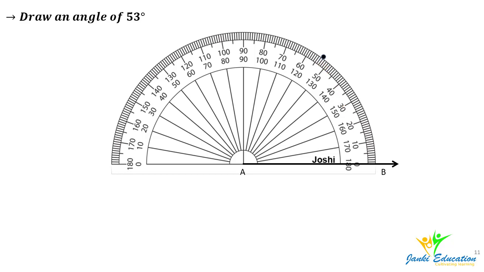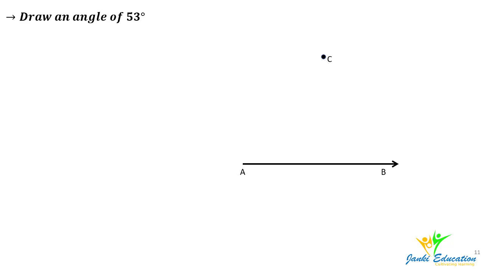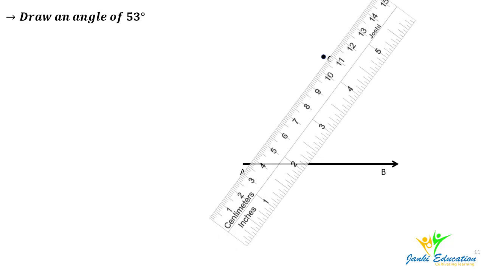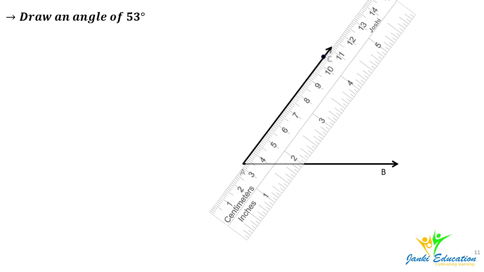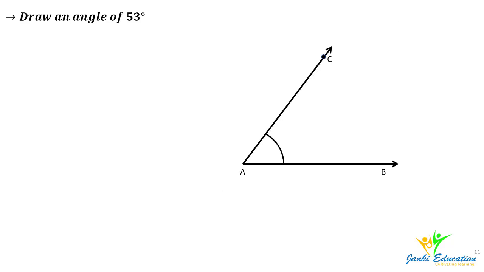So we will place one dot over here and then this will be our point and we will place ruler and connect this point. So this is our angle 53 degree.